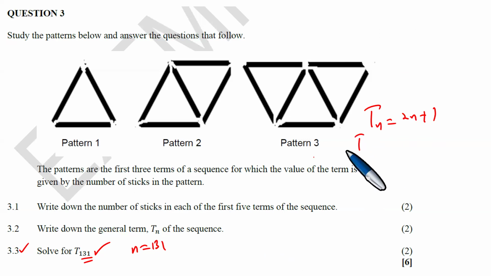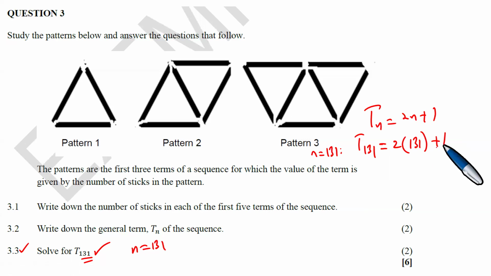So it comes here and you have that n is 131, so that you have T131 equals 2 times 131 plus 1. What is 2 times 131? 2 times 1 is 2, 2 times 3 is 6, 2 times 1 is 2, plus 1. T131. Okay, what is 262 plus 1?